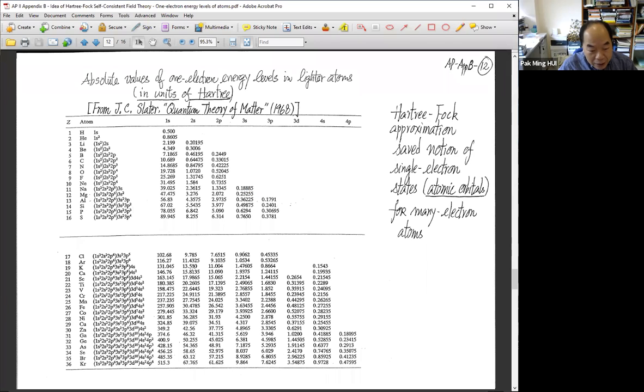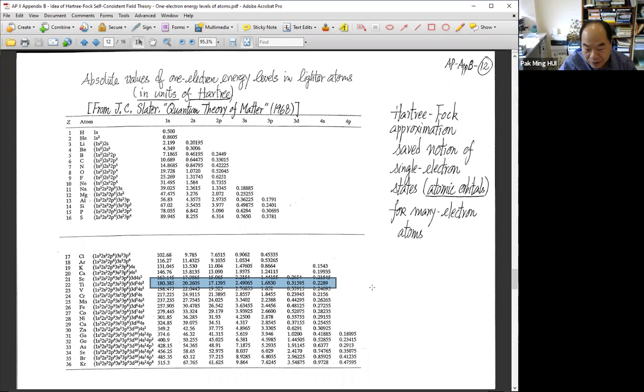So now I encourage you, when you review this part, try to look at some numbers in a row and then draw out the alignment, and you will see what you learned in the past, okay? How 3p is higher than 3s, and sometimes the 4s drops below the 3d, things like that, okay?